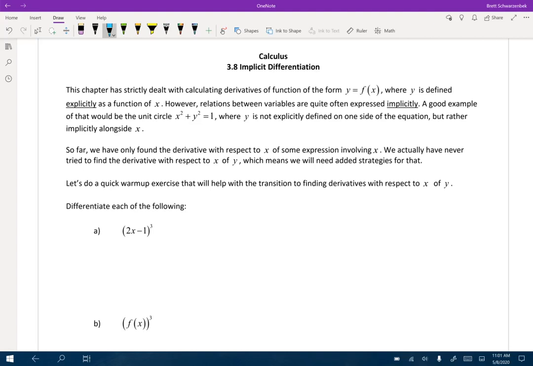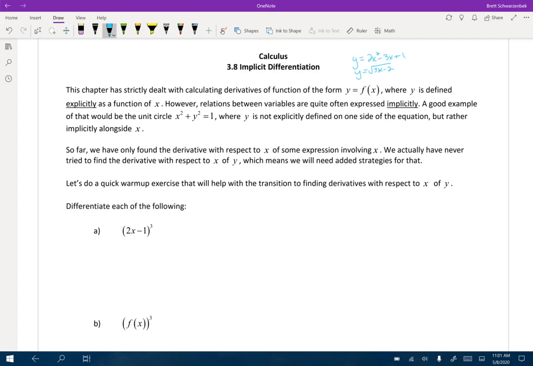So far in your look at derivatives, you've basically only seen functions where y is equal to some function of x. So you found things like y equals 2x squared minus 3x plus 1, let's find the derivative, or y equals the square root of 3x minus 2, let's find the derivative.